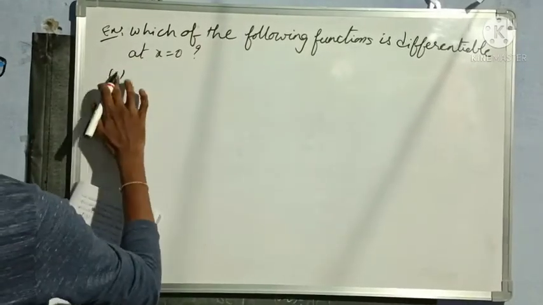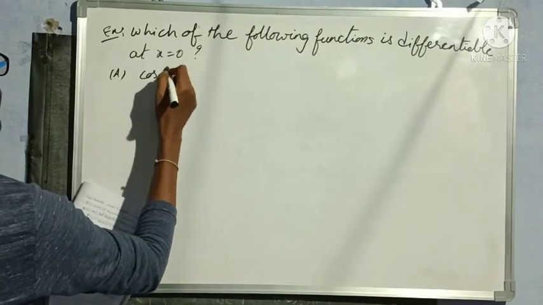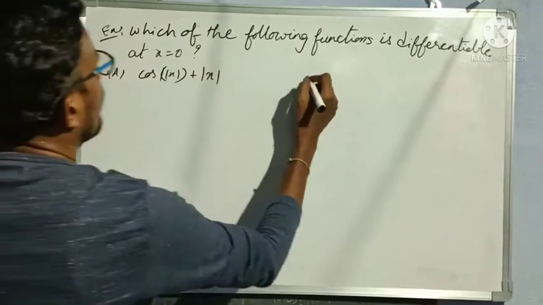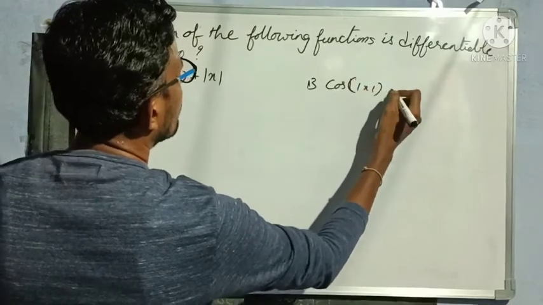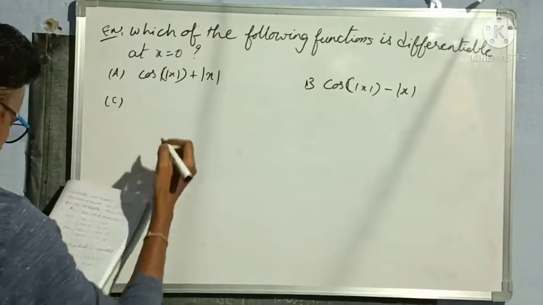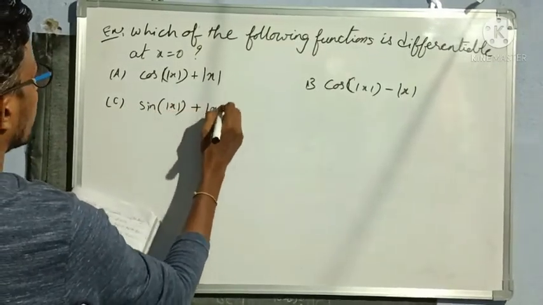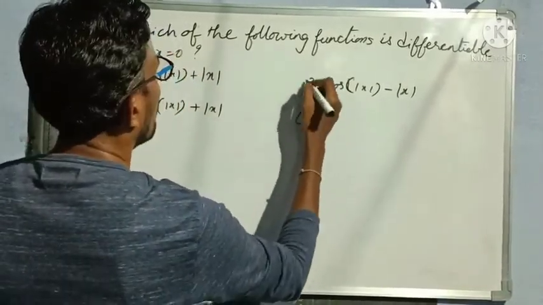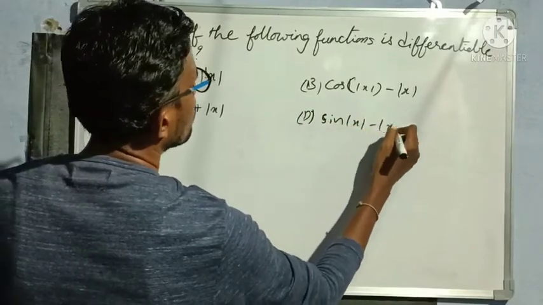Option A, cos of mod x plus mod x. Option B, cos of mod x minus mod x. Option C, sin of mod x plus mod x. Option D, sin of mod x minus mod x.